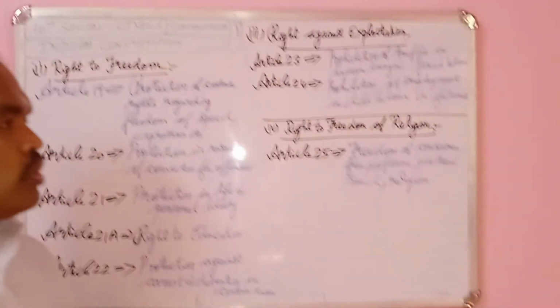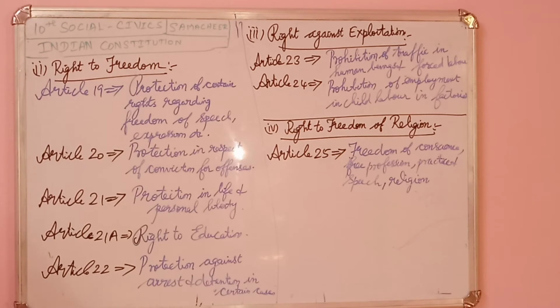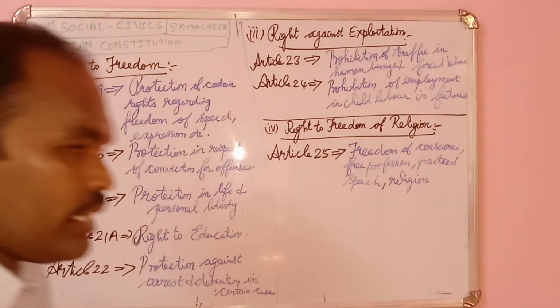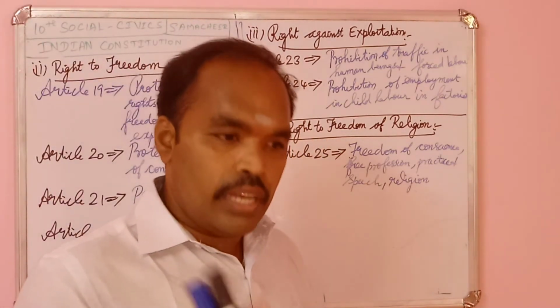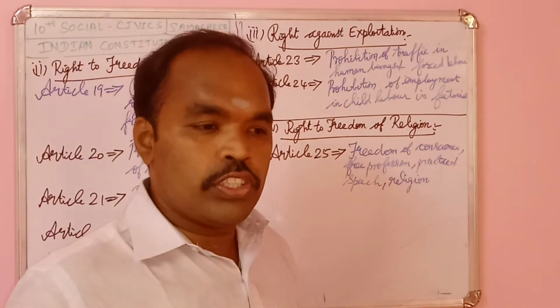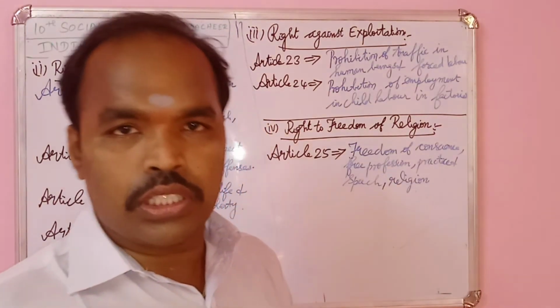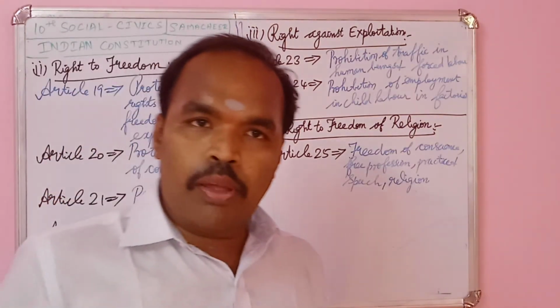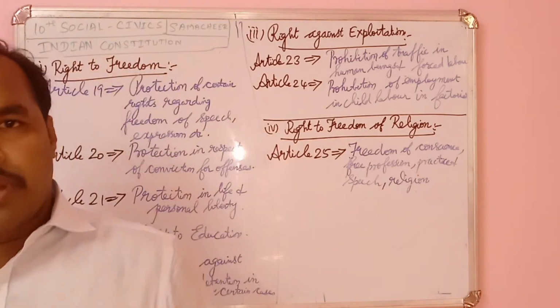This is what has been mentioned about Article 25. Some people will be religious by visiting temples, churches, or mosques, and some are not interested and won't believe in God.